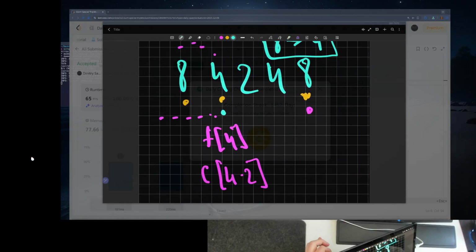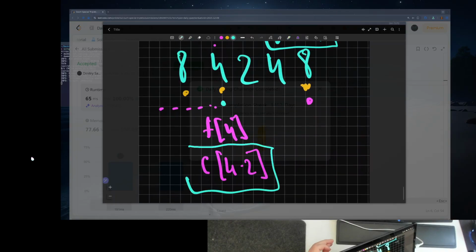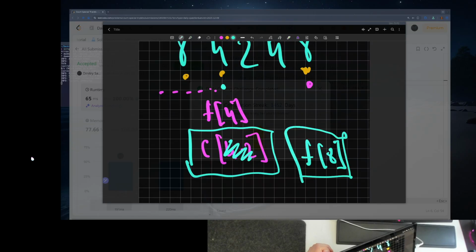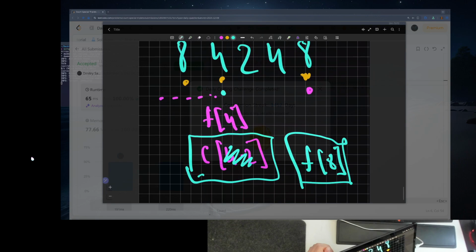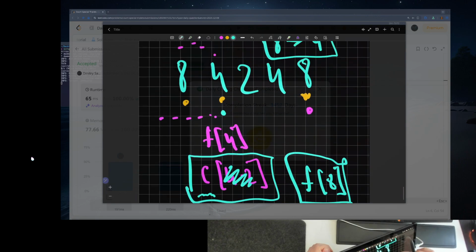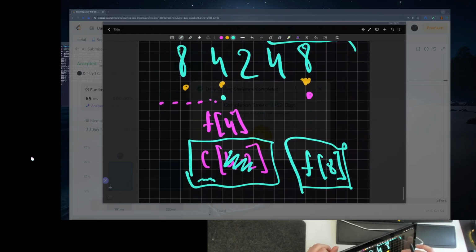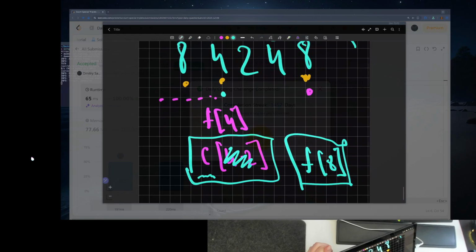If we know how many 8s we have, it would look like this. The 8s we have is f of 8. This is how many 8s we have. But C is the counter of how many pairs we have. And this would actually be C of 4, I would say.